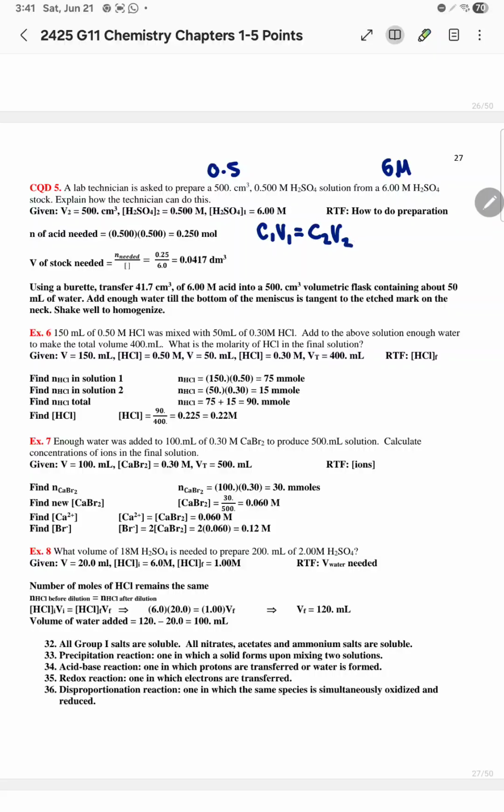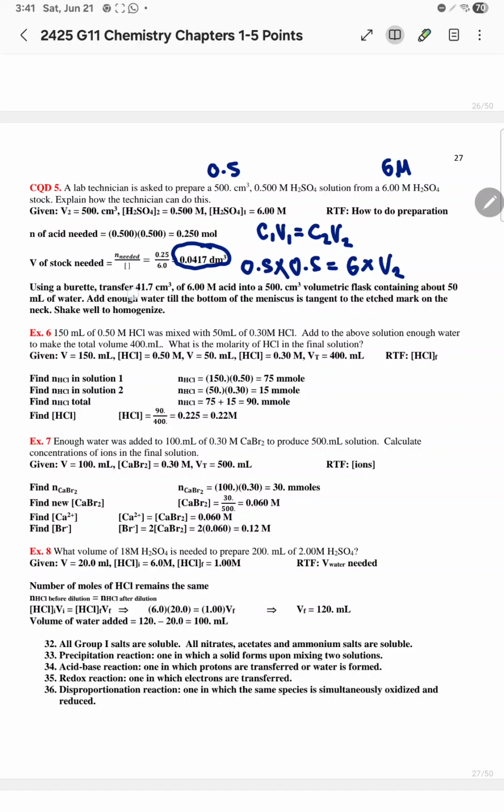So we're going to do 0.5 times 0.5 equals 6 times V2. You're going to get V2 equal to 0.417, we need that much of the stock, because the stock is 6 molarity.